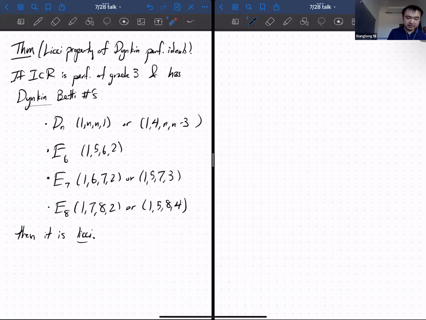All right. Okay. So let me first make a note regarding a question that was asked, which is that this theorem is actually sharp, right?